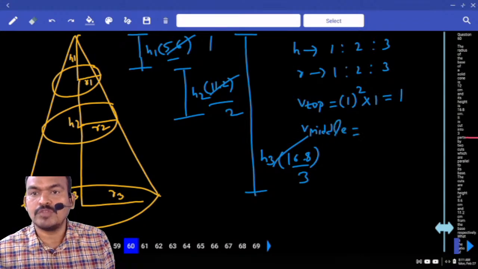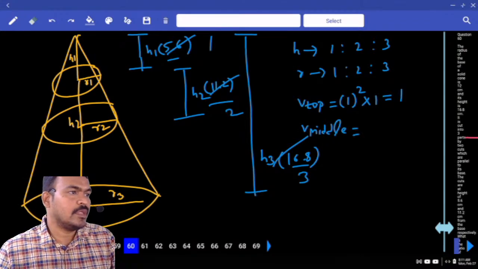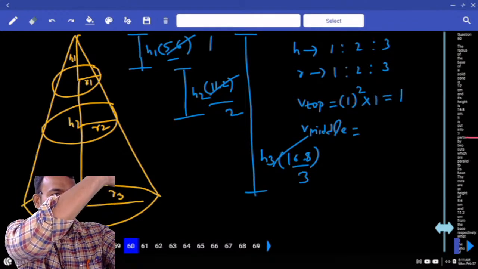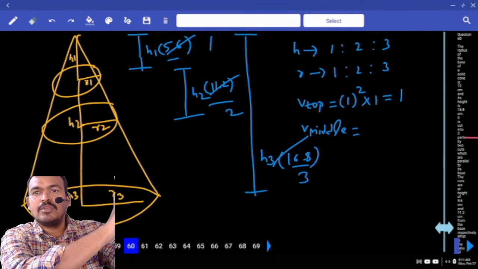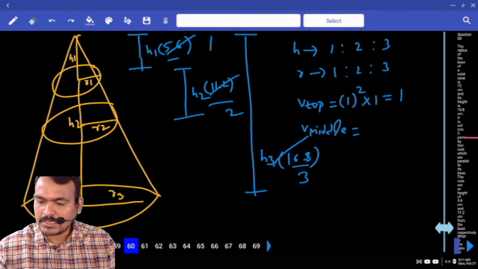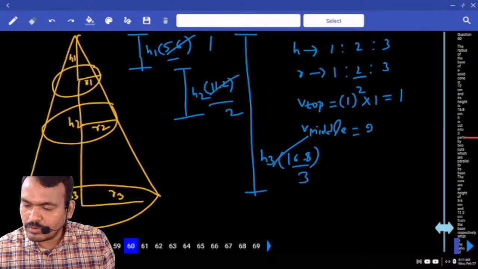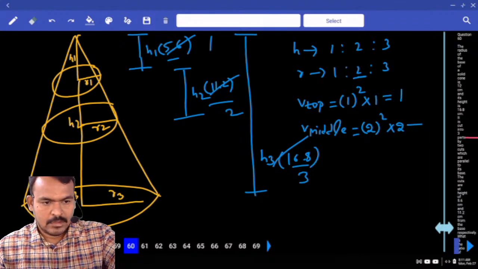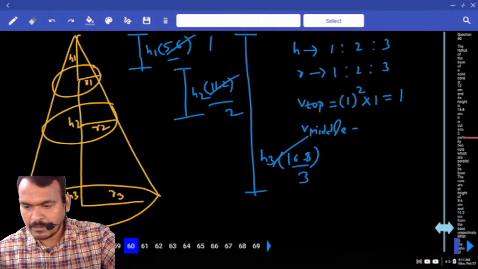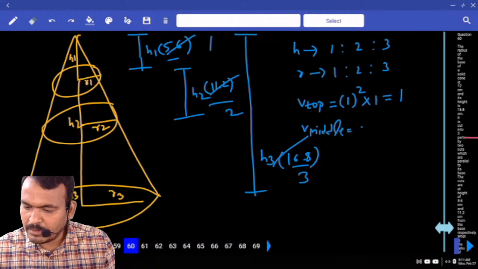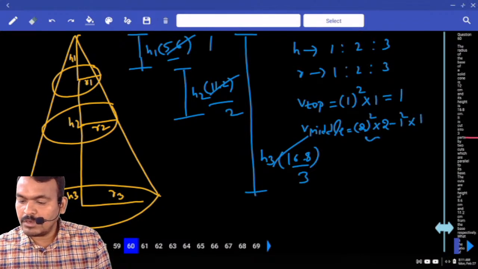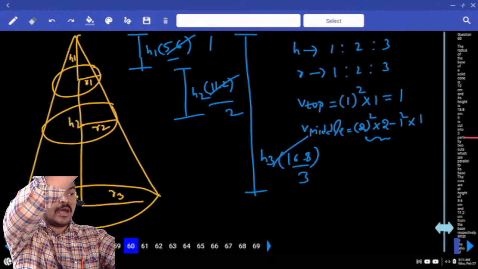Volume of the middle one means out of the 2 parts, we subtract the upper part, then we get the middle part volume. So for the volume of the middle one we write 2 square into 2 minus 1 square into 1. 2 square into 2 is from top to middle.